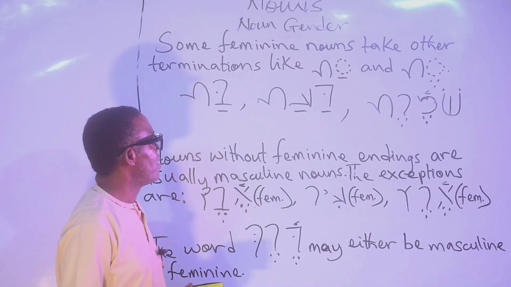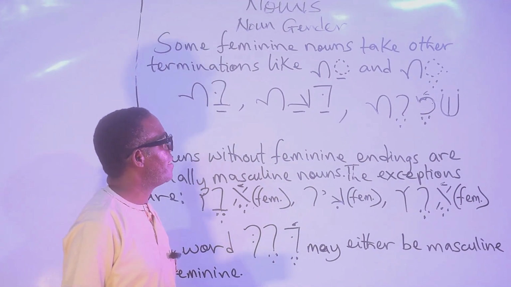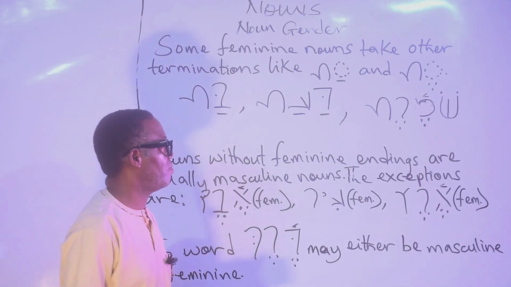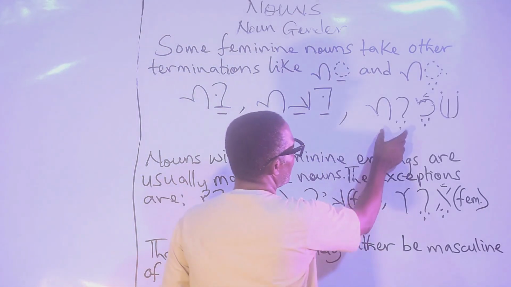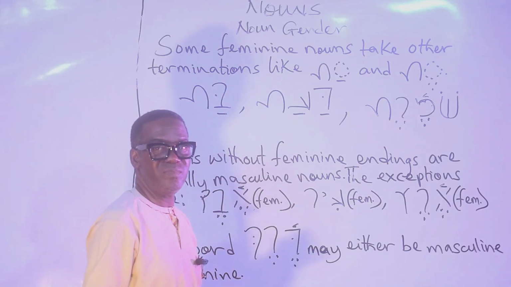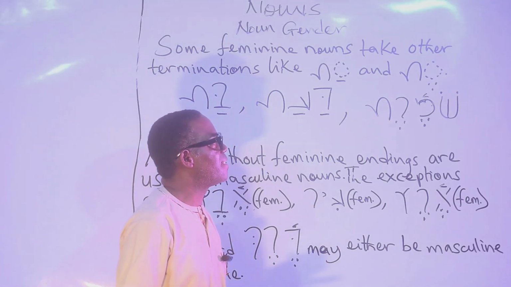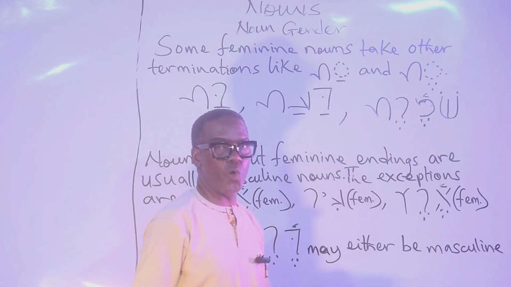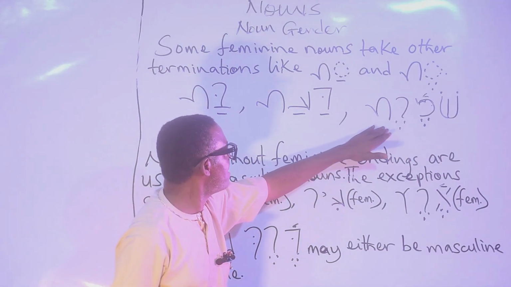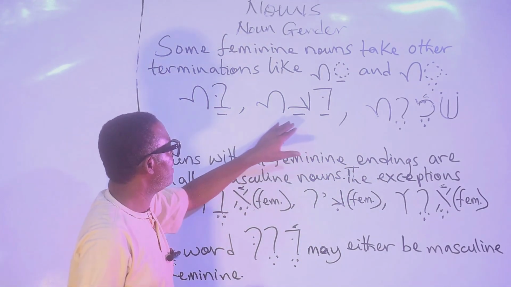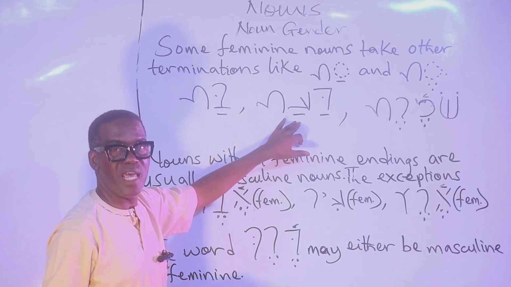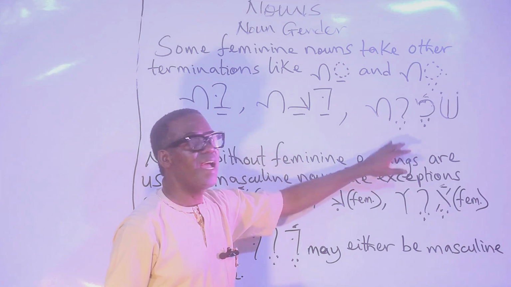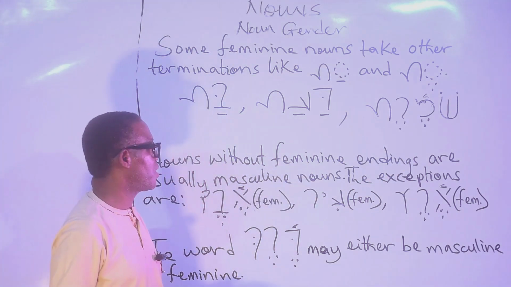Then the word for knowledge. Then we have the last one, shomeret, the word for keeping. So in these three feminine nouns, we have different terminations. You have to take note of that.